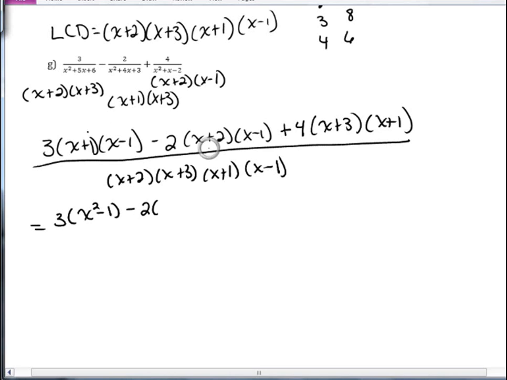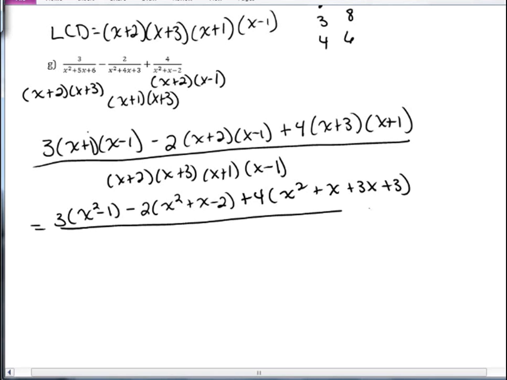And we have to FOIL out x plus 2 times x minus 1, and that actually is the same as our third denominator there, so that would be x squared plus x minus 2, and then plus 4, and do FOIL on x plus 3 times x plus 1, and x times x is x squared, x times 1 is x, and 3 times x is 3x, and 3 times 1 is 3.